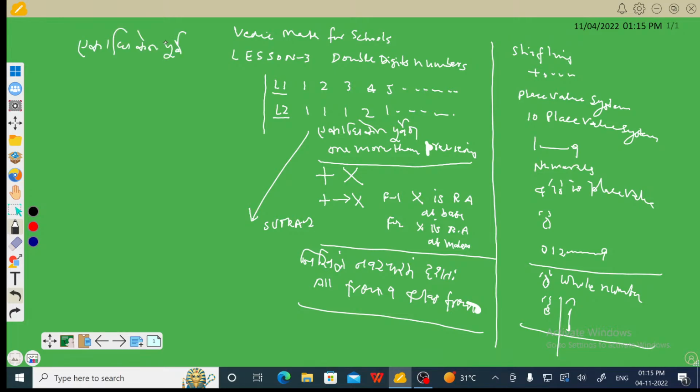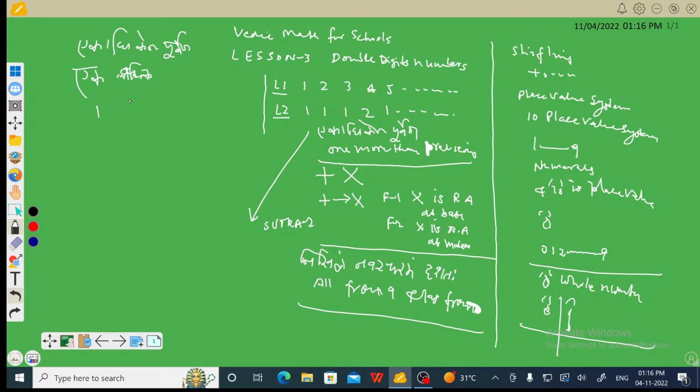Let us read this text sequentially. It gives us ek, it gives us adhik, that is more than, and here it is purv, the previous value.